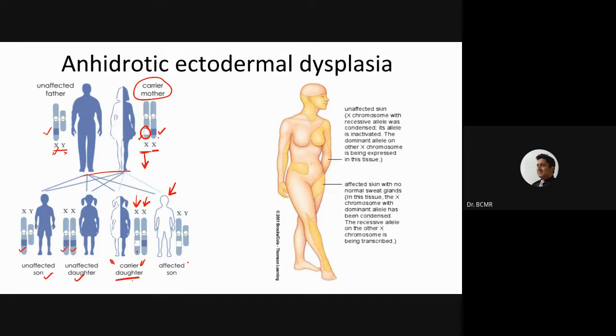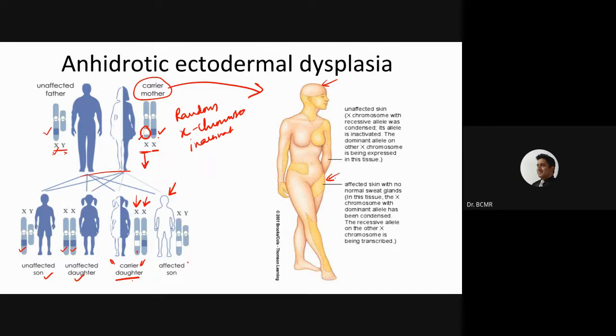And what happens in the carrier mothers, as I said, is that because of random X chromosome inactivation, some regions of the body are normal, like in this case, where they're moisturized, whereas there will be many other tissues or surfaces where they would not be able to produce sweat glands because of the mutation.